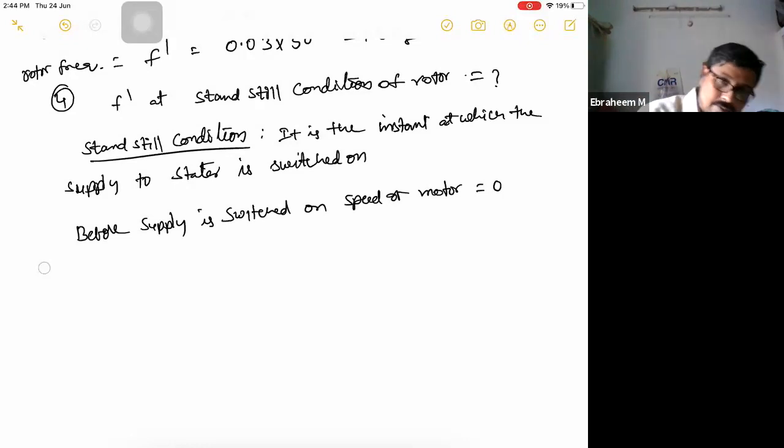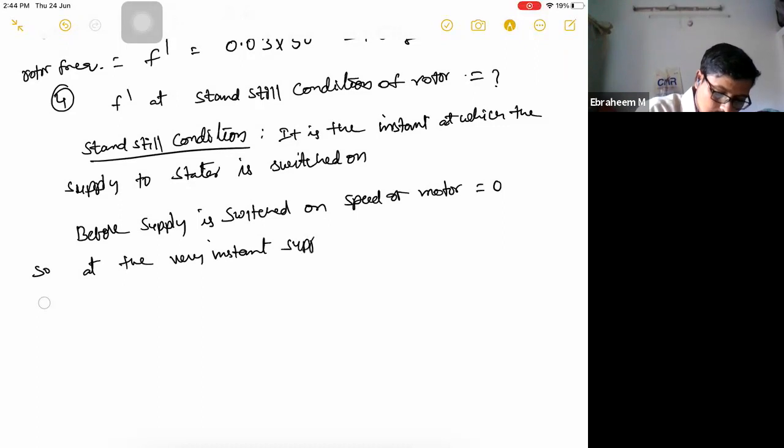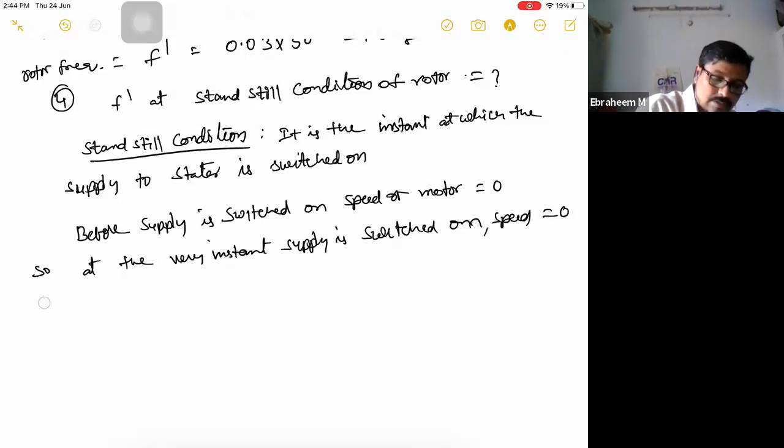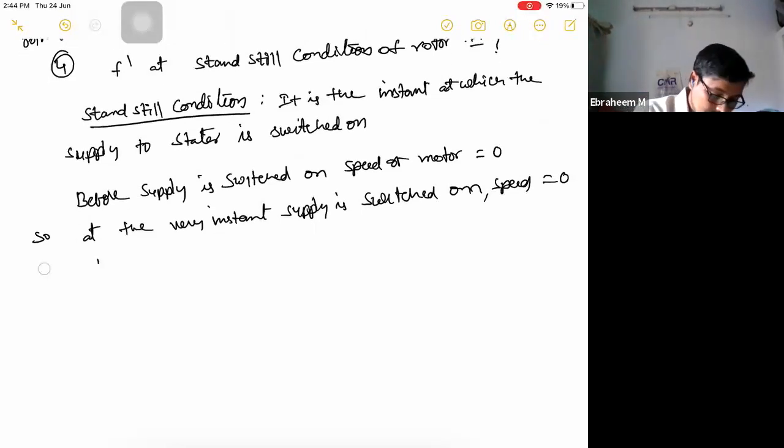At the very instant supply is switched on, speed is also 0, that is n is equal to 0.